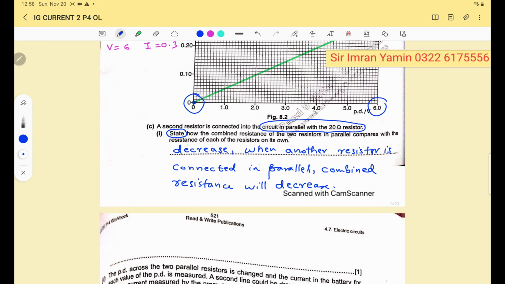In series it increases, but in parallel the combined resistance will decrease. Okay, beta?